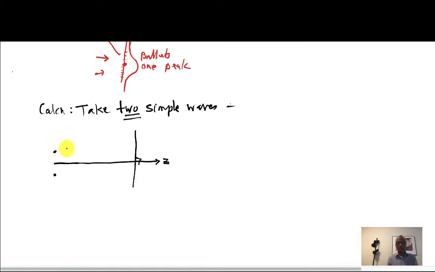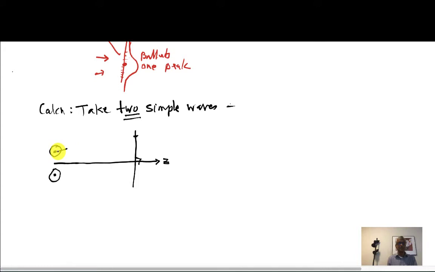Ideally it will be more like a spherical wave that starts out here and goes very far away, and over here I'm going to look at when the two waves come in, what happens over there.